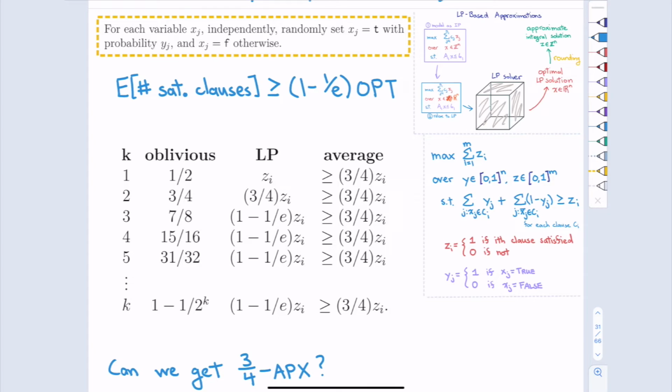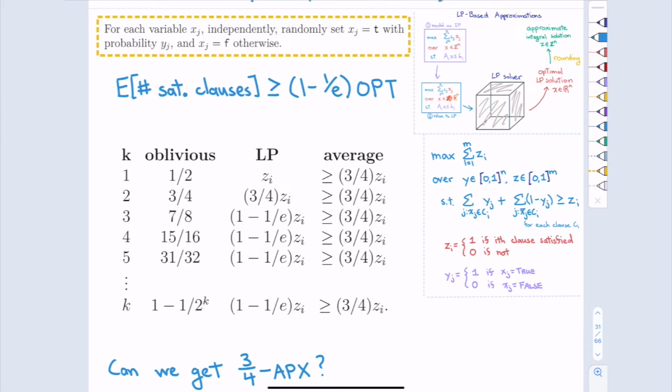I think so. Both the oblivious algorithm and the LP algorithm are not deterministic, right? Like we run them multiple times to get different solutions. What if we run both of those algorithms like 10 times each and then pick the max out of the 20? Okay.